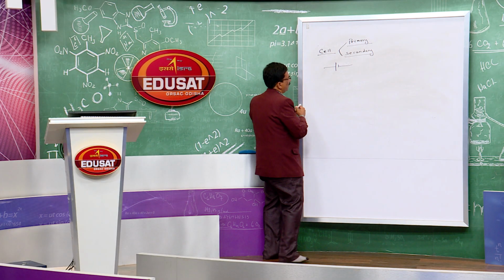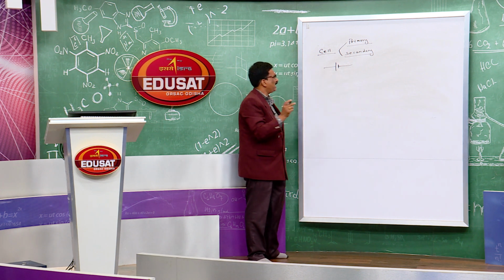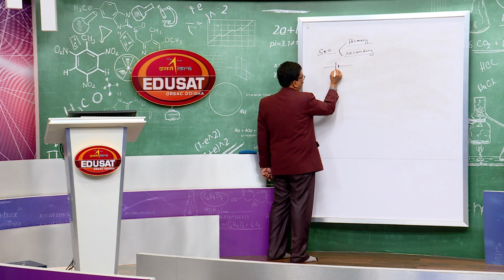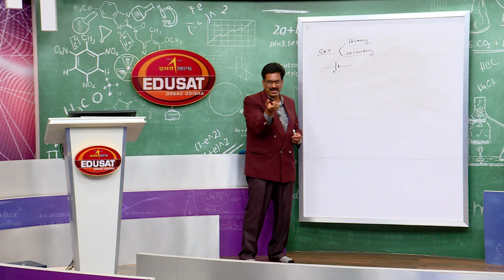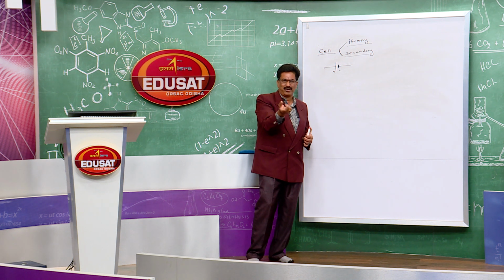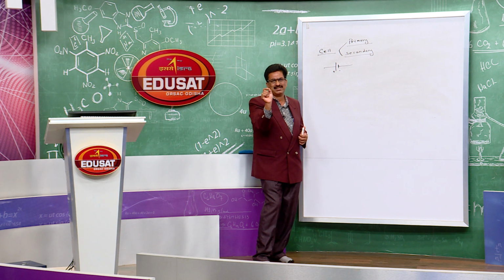Whatever it may be, it has two electrodes. Every battery or cell has two electrodes. One is termed positive and one is negative. When you purchase a battery from any shop, you will find that at one end there is a plus sign and at the other end there is a minus sign.